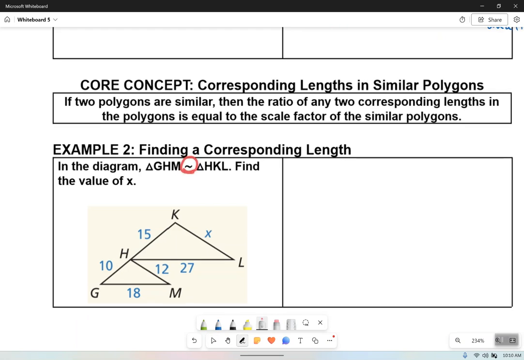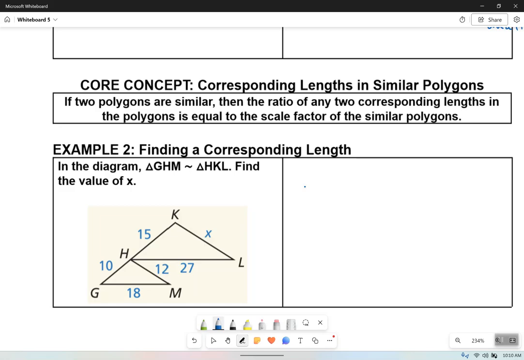So GHM is going to be similar to HKL. All right. It says find the value of what, kids? Okay. Can you guys see this bigger triangle up here compared to my smaller one right down here? Our job is to find what, kids?